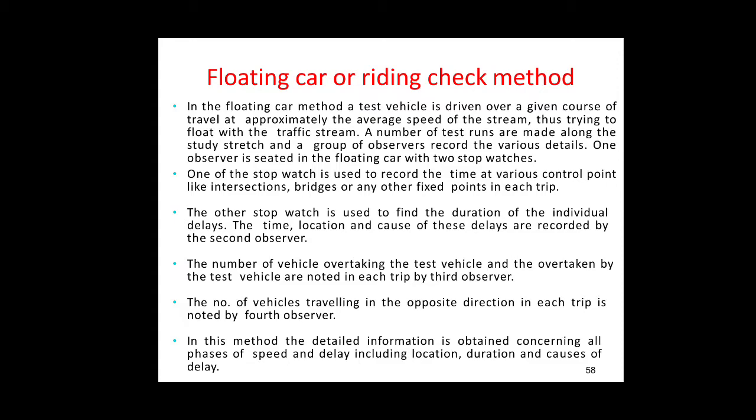This method gives detailed information concerning all the phases of the speed and delay, including the location, duration and causes of delay. All 4 observers observe their respective data, and the compilation of this data gives us the exact scenario on that particular stretch of road, causing the delay in the movement of the vehicle at an average speed.